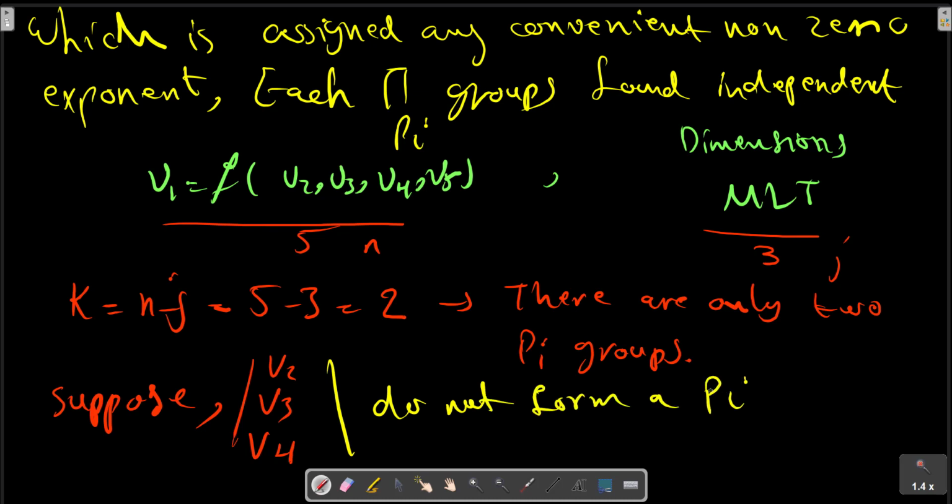Then the 2 pi groups are formed by a power product of the 3 plus 1 additional variable, either v1 or v5.